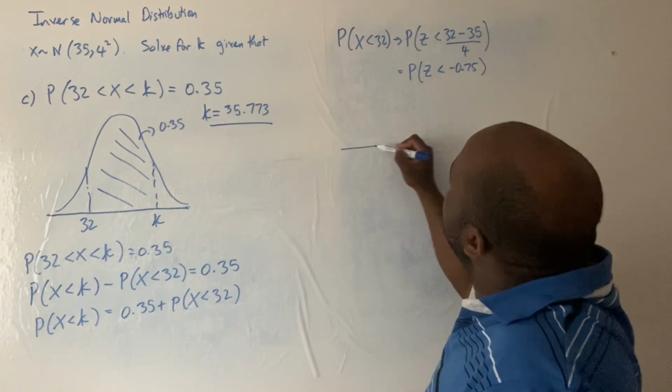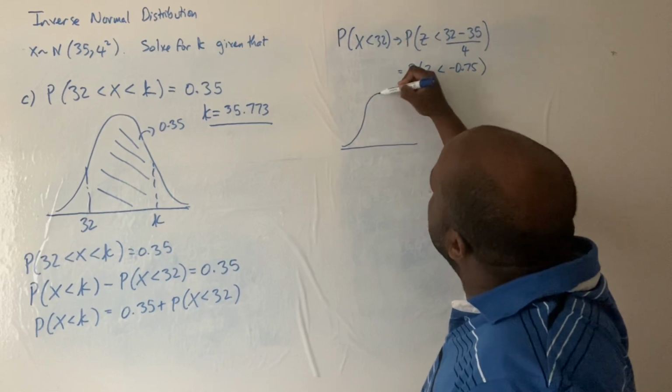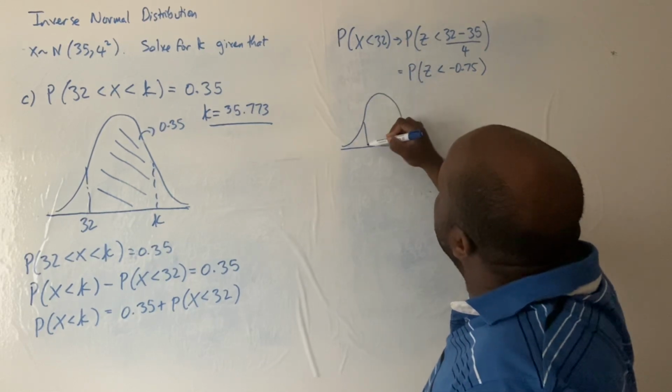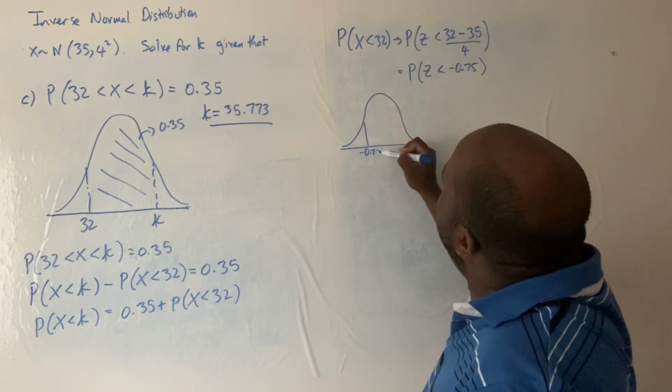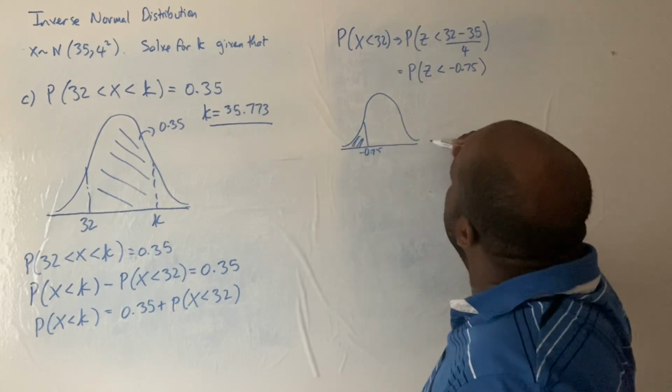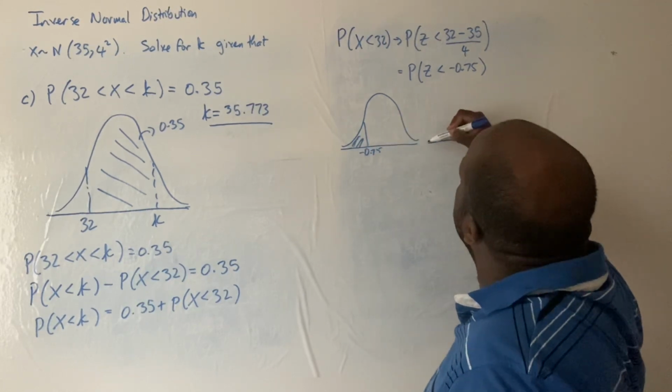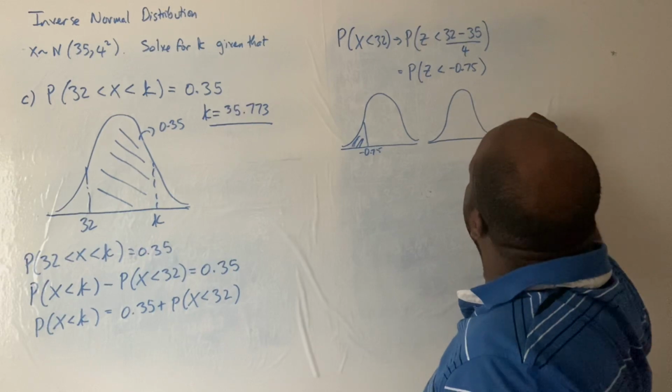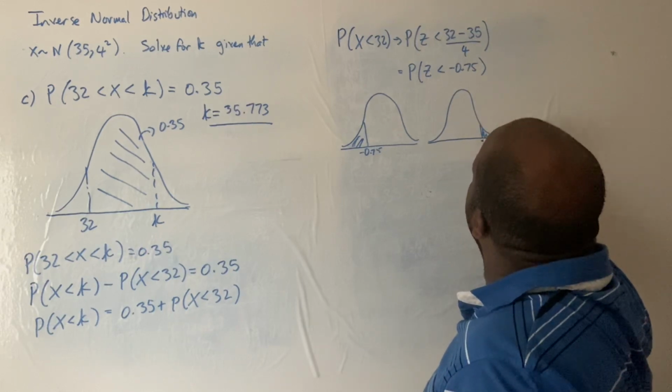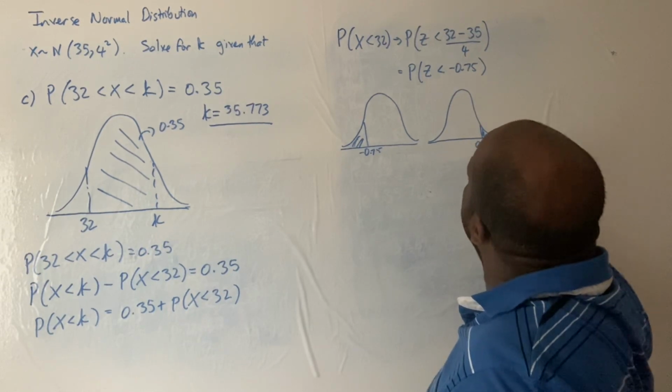If we do a quick sketch, negative 0.75 is going to be identical to positive 0.75.